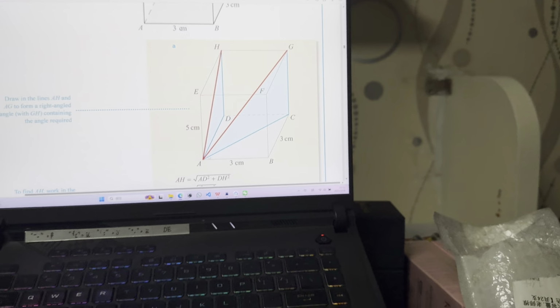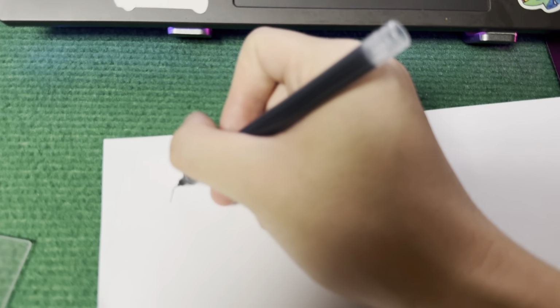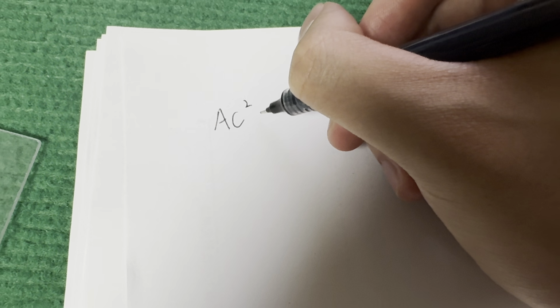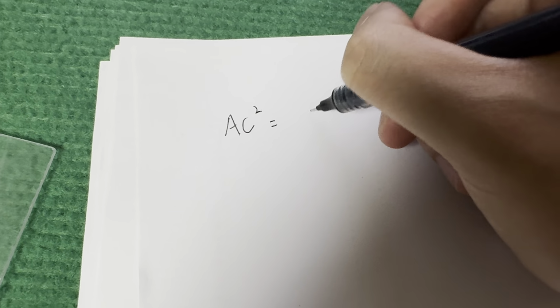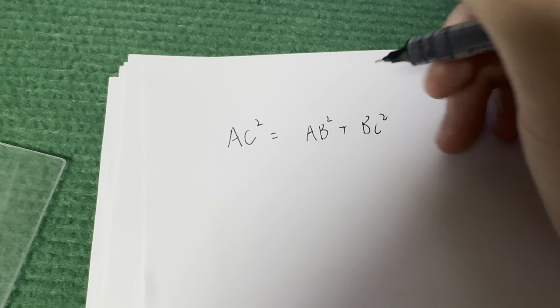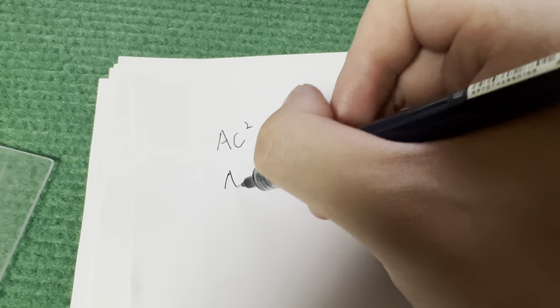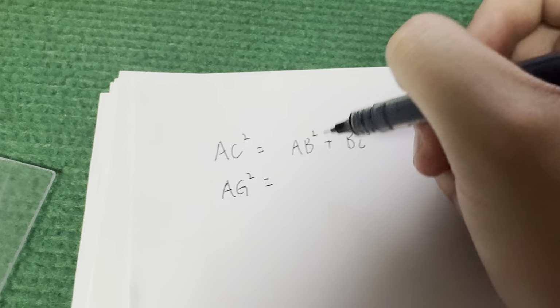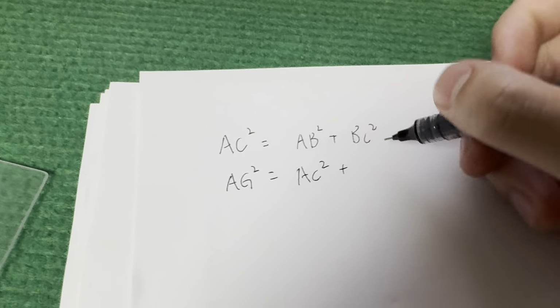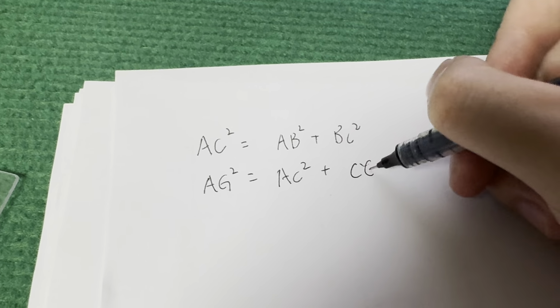So AC square is equal to AB square plus BC square, and AG square is equal to AC square plus CG square.